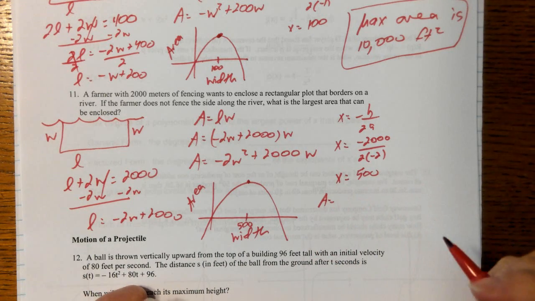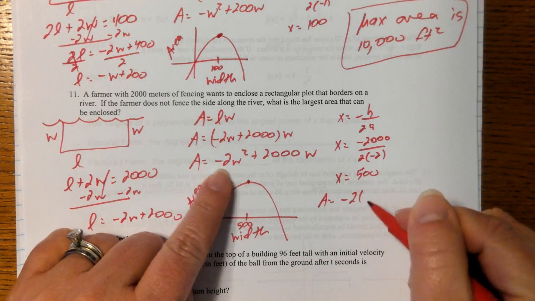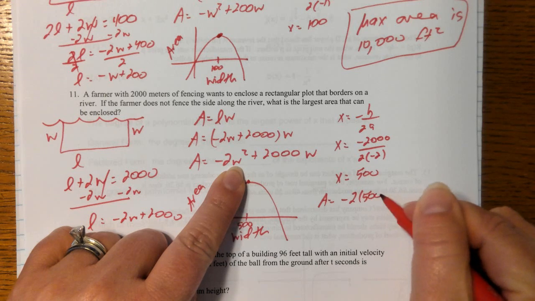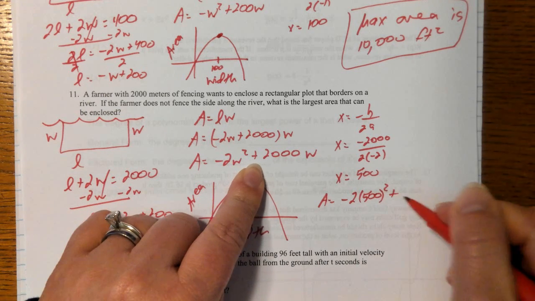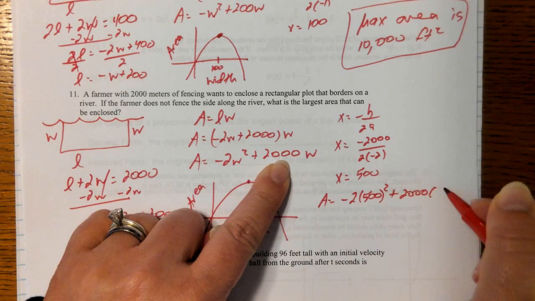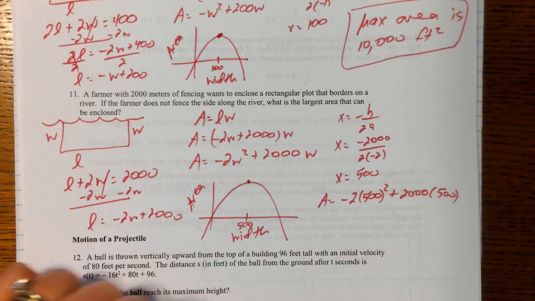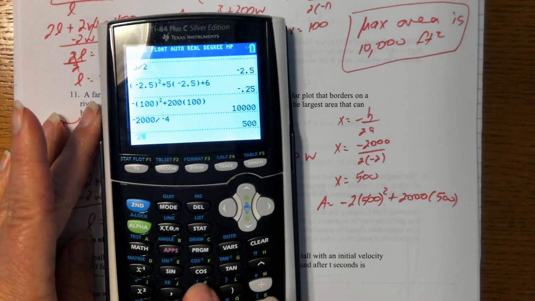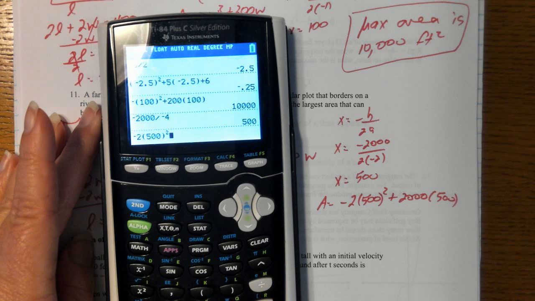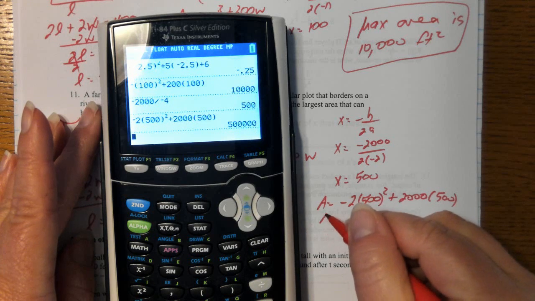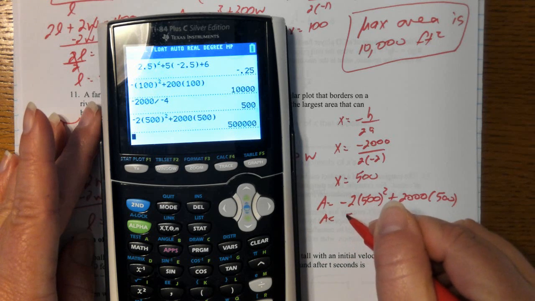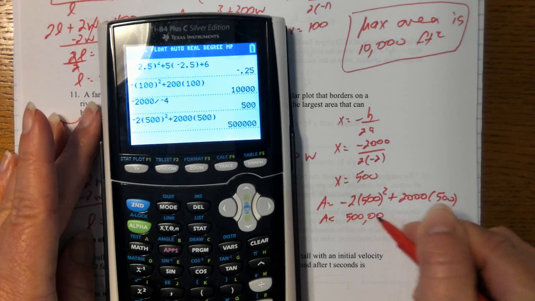So the largest area happens at negative 2 times W, we know that W value is 500, plus 2,000 times W. W is still 500. So negative 2 times 500 squared plus 2,000 times 500. And we get 500,000.